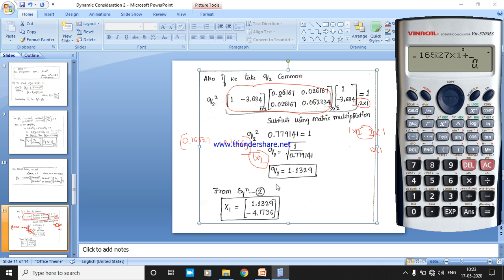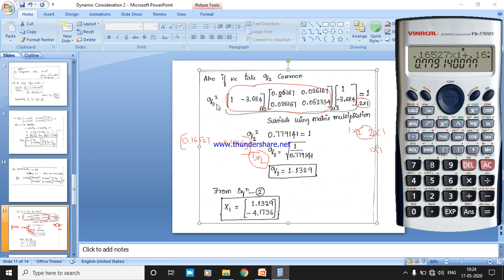So plus 0.1336314 into this value 3.684 is equal to, what did I get here? Okay, 0.777914. Can you see here? So after multiplying these three matrices, I got only one value.